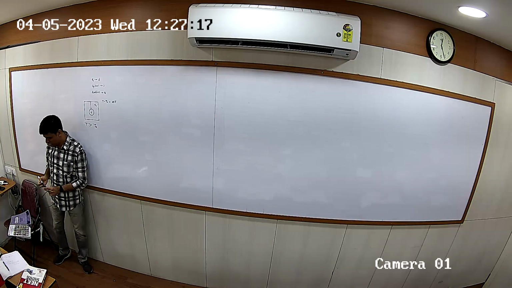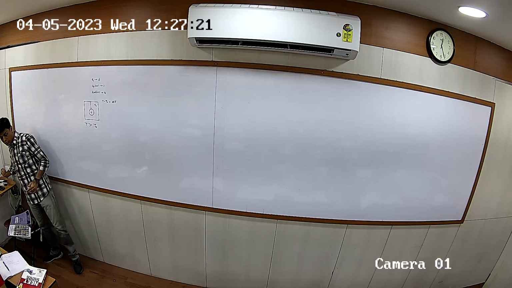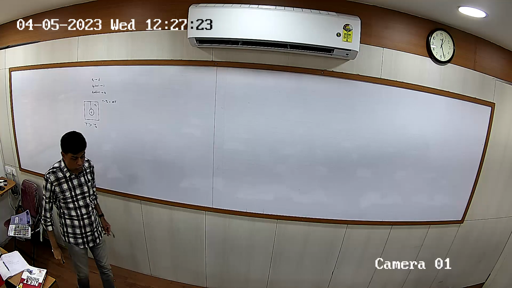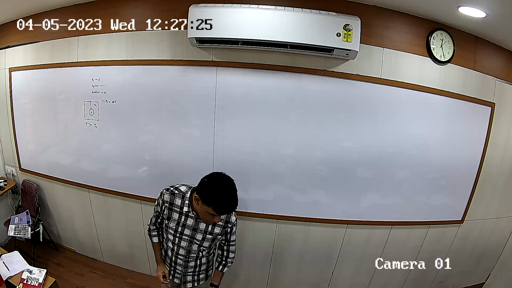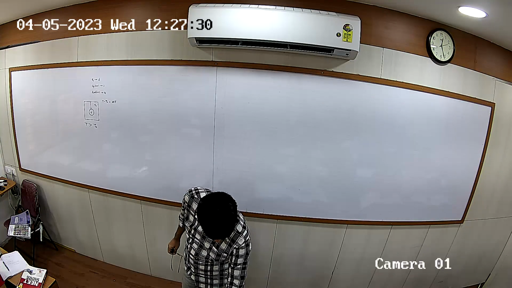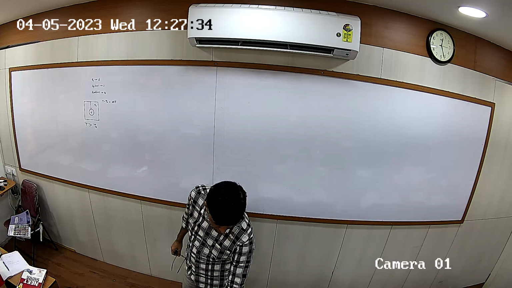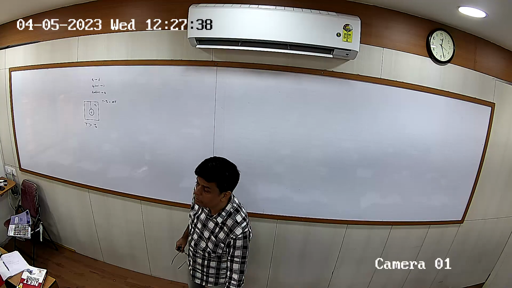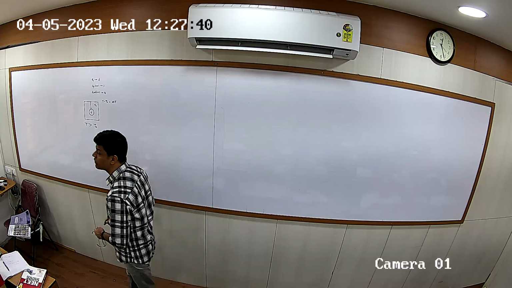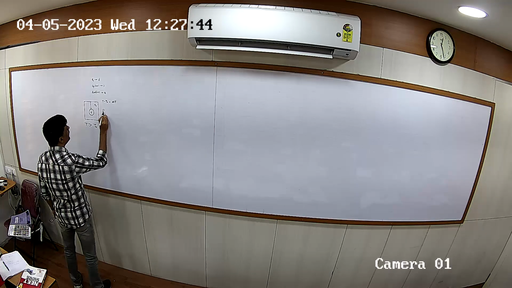Then the question is the rate of fall of temperature. See carefully. Rate of fall of temperature for that sphere will be proportional to... If the temperature difference is delta T, and the surrounding temperature is T naught, then the rate of fall of temperature, that is d theta by dt.